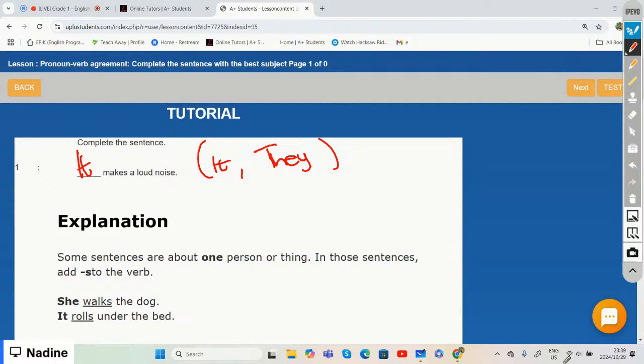One thing makes a loud sound. So well done.